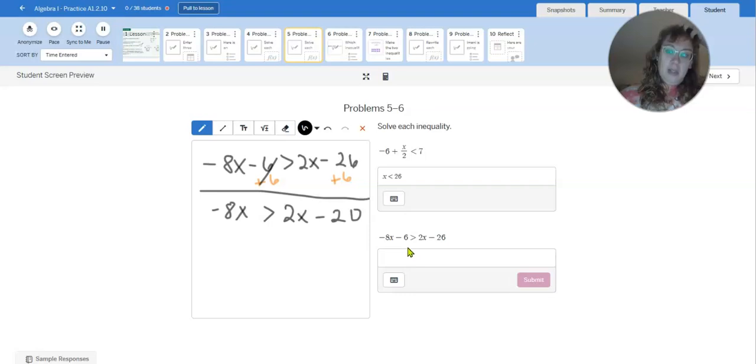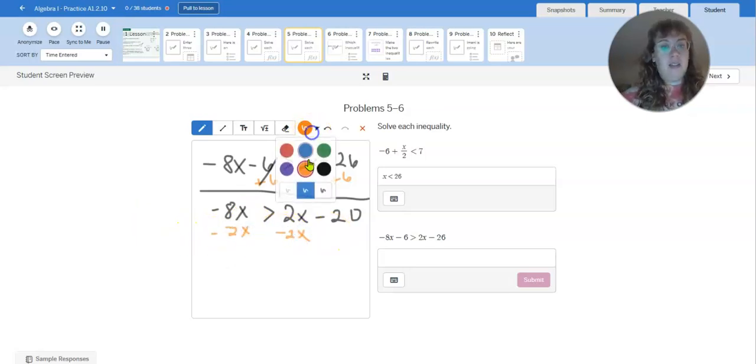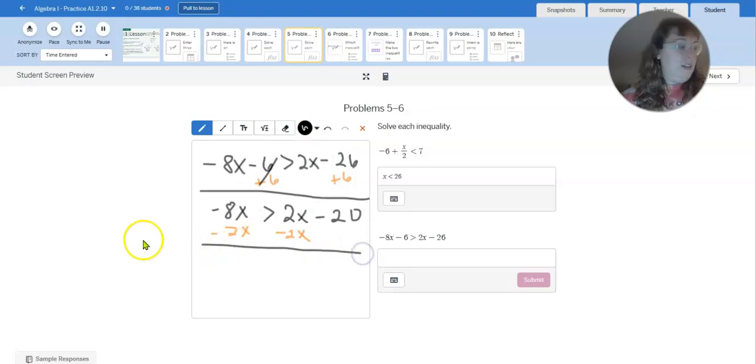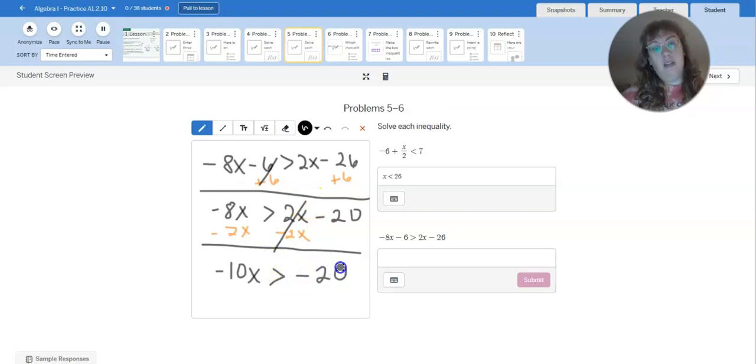Negative 26 plus 6 is negative 20. Let's get our x's on the same side by subtracting 2x on the left and the right. Negative 8x minus another 2x is negative 10x is greater than negative 20.